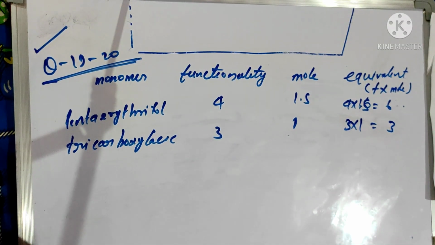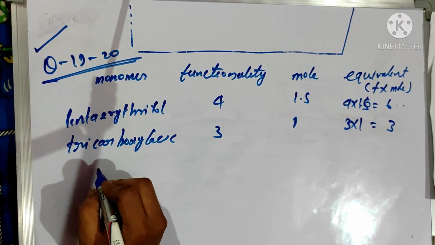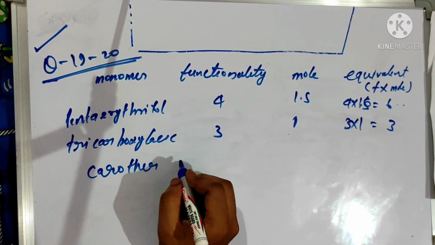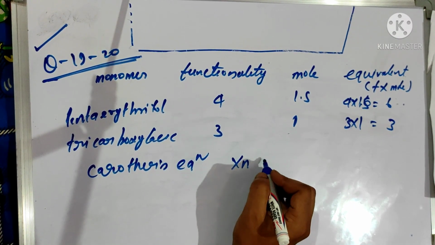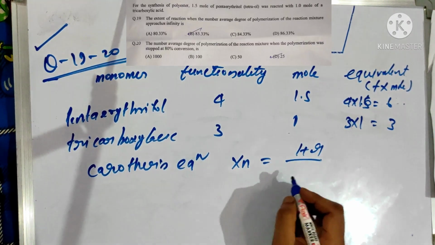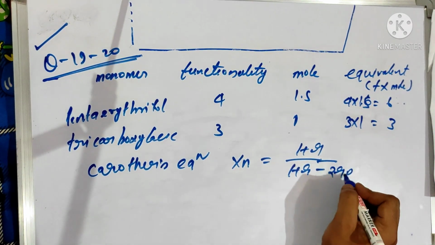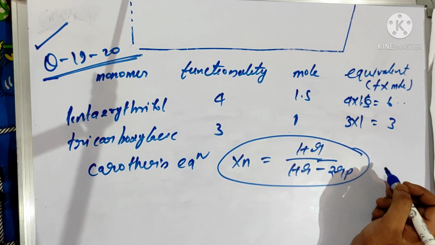When using the Carothers equation, you know that the number average degree of polymerization is equal to 1 upon 1 plus R minus 2 Rp divided by 1 plus R. This equation is valid only if the functionality of both monomers is equal.